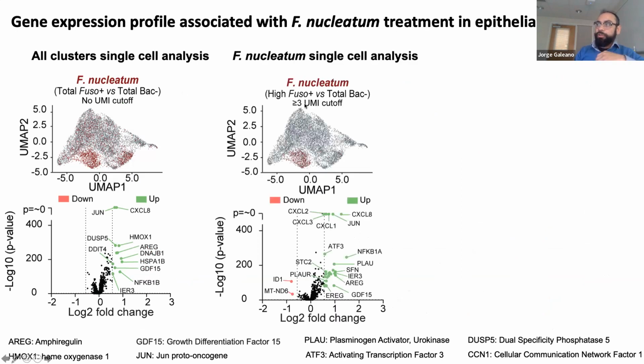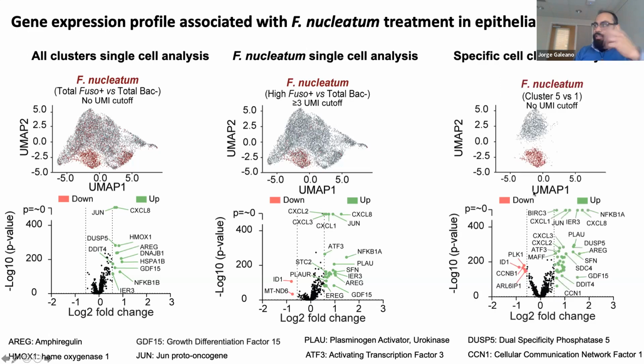However, when you use the unique molecular identifier and increase the threshold of the transcriptional load, you can select cancer cells that contain higher bacterial transcripts, clean up the data, and compare with the bacteria-negative cells, and you can see that the expression profile is a little bit better. Then you can manually identify cells from cluster 5, which is associated with F. nucleatum infection, and compare the expression profile with the bacteria-negative cells, and you can see that the expression profile is even more pronounced.